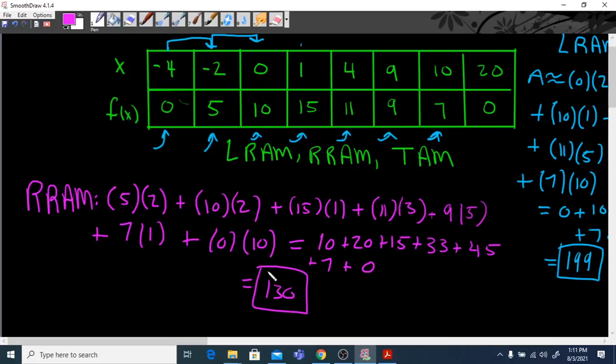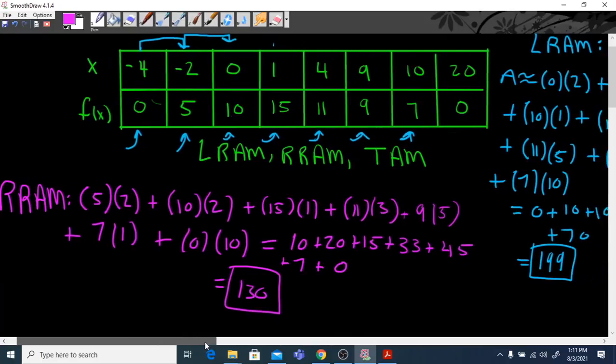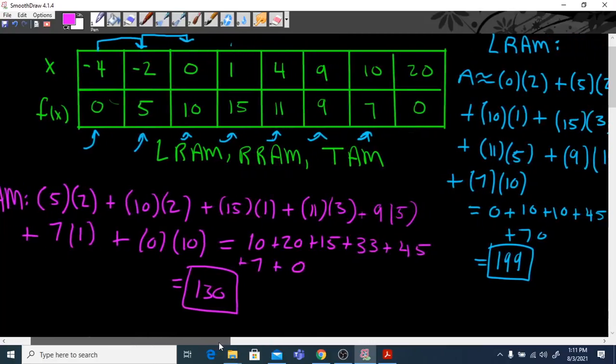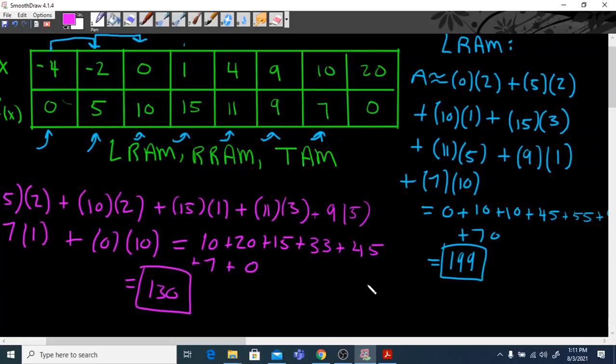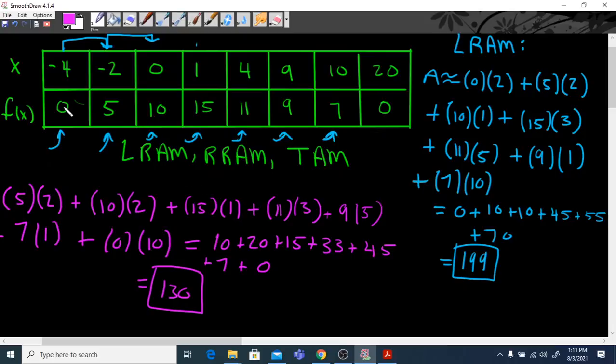And also, this kind of ties back to another video I was talking about where I actually plotted these functions. Clearly, 199 is bigger than 130. And if we look here, 0, 5, 10, 15, 11, 9, 7, 0. First we're increasing, and then we start to decrease.